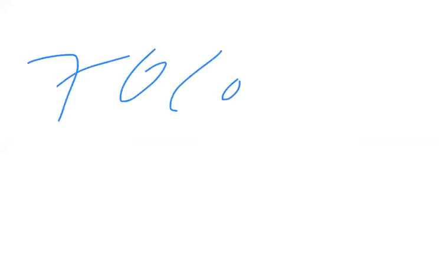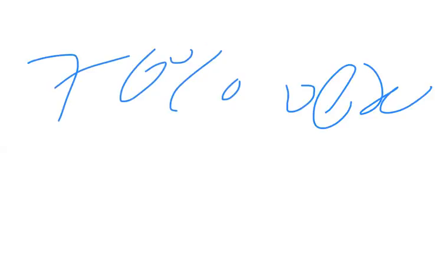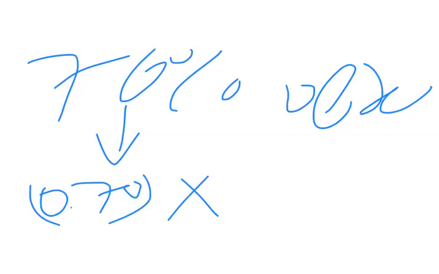So what is 70% of 20? We'll convert that to a decimal times 20. So you have 0.7, which is the decimal form of 70%. Multiply that by 20, and you get 14.